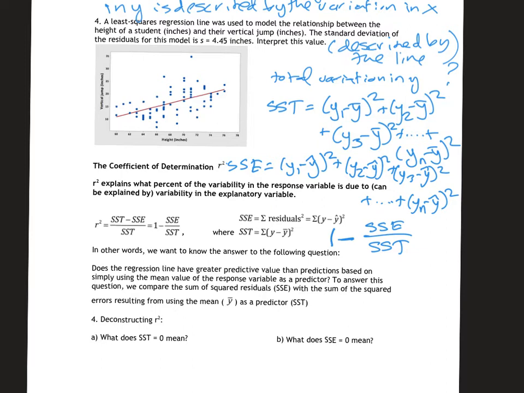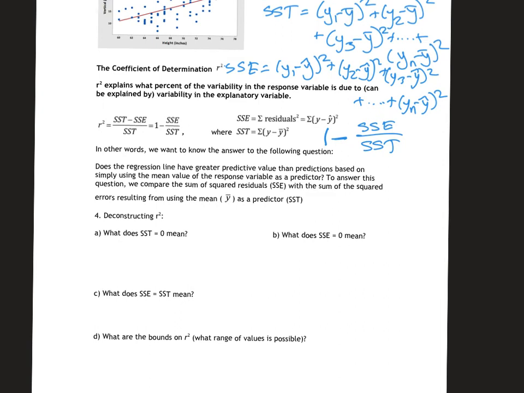Okay, so let's see what various things mean here. Unfortunately, I numbered this pretty poorly, but there's a second 4 here. What does SST equal 0 mean? If the total variation of y is 0, it means that all y values equal the mean. All the y sub i's equal y bar.